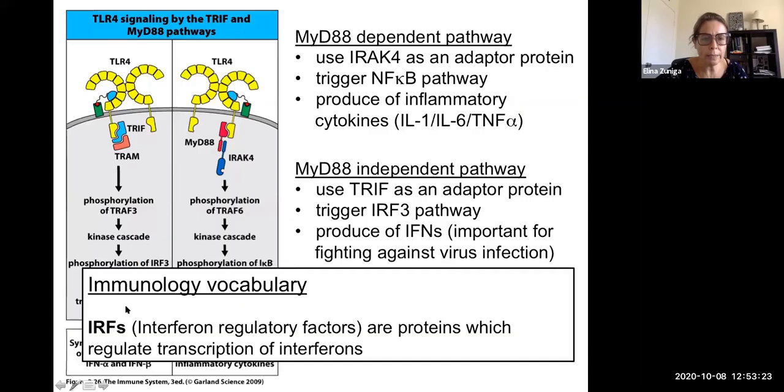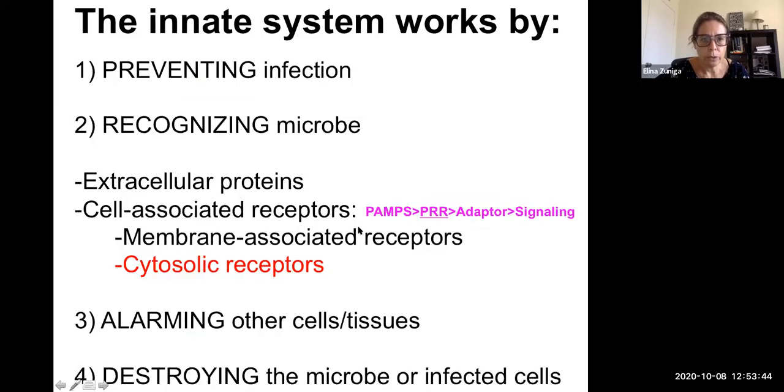And just a piece of vocabulary here, IRF stands for interferon regulatory factors, and these IRFs are transcription factors that are involved in the transcription of interferons.